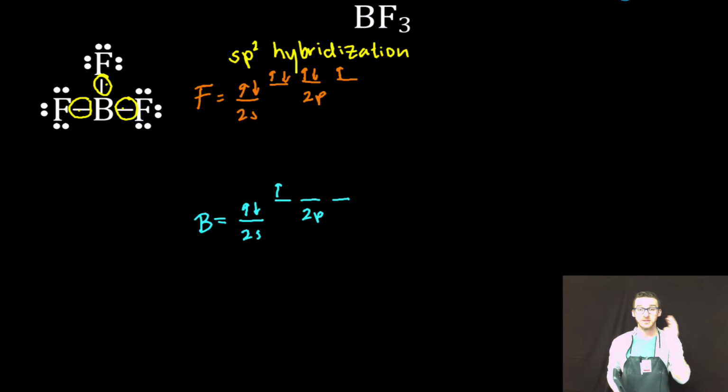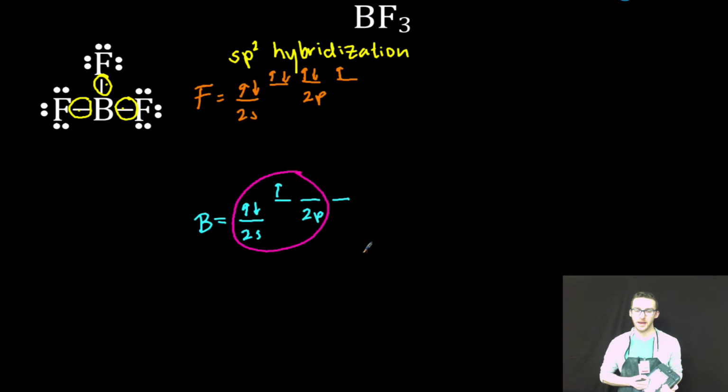But let's think a little deeper about what's going on with this molecule. If boron is sp2 hybridized, we're going to take one s and 2 p orbitals, mix them together, and make 3 hybrid sp2 orbitals. Slightly more energy than the 2s, but less energy than the 2p. Again, our goal here is to reduce the amount of energy.